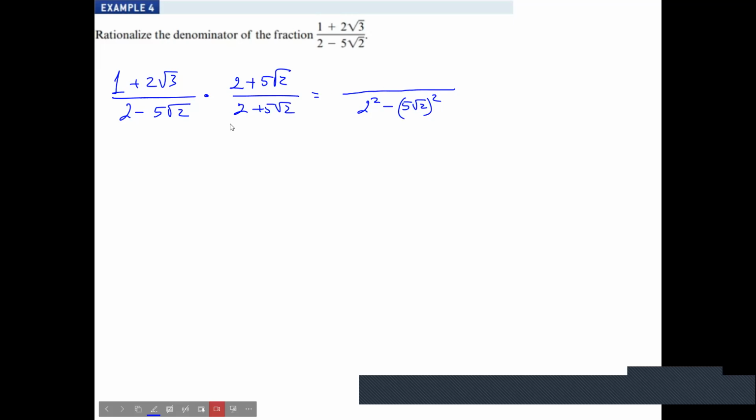Oh, I need to do one more step. Everybody see that transformation? This times that. So that's what? Difference of two perfect squares. Not perfect this time, but difference of two squares. Now what do I have at the top?